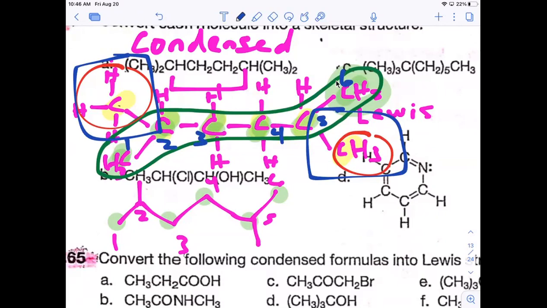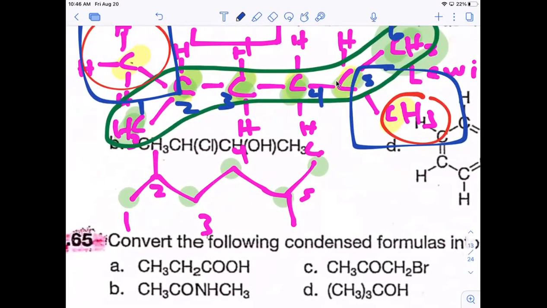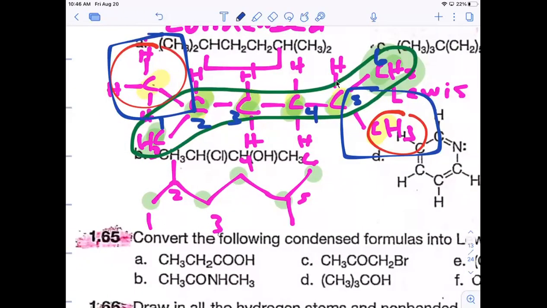In the skeletal form, again, every vertex, and these are vertices right here, that's a vertex, that's a vertex, so is that, and so is that. Every vertex is a CH2 unless there's another atom attached to it. So right here, where the other methyl, the other CH3 group is, there's only one hydrogen because it already has 3 bonds to it.